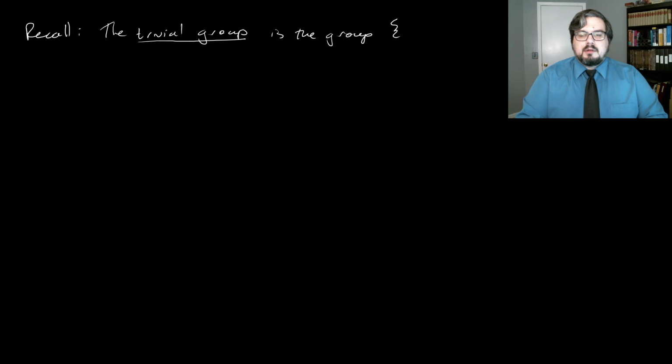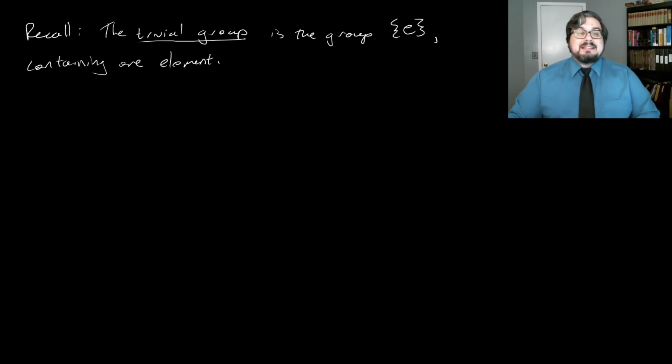So let's recall that the trivial group, or perhaps a trivial group, is the group which is the singleton {e} containing one element, where that element is itself the identity, also its own inverse. It's the simplest possible group.